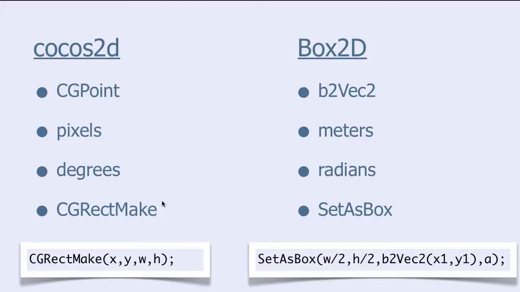To make a rectangle in Cocos2d you use the origin point and the width and the height. In Box2d you use the center point of the rectangle and half width and half height, almost like defining a circle. You also specify an angle, which is the rotation of the rectangle.